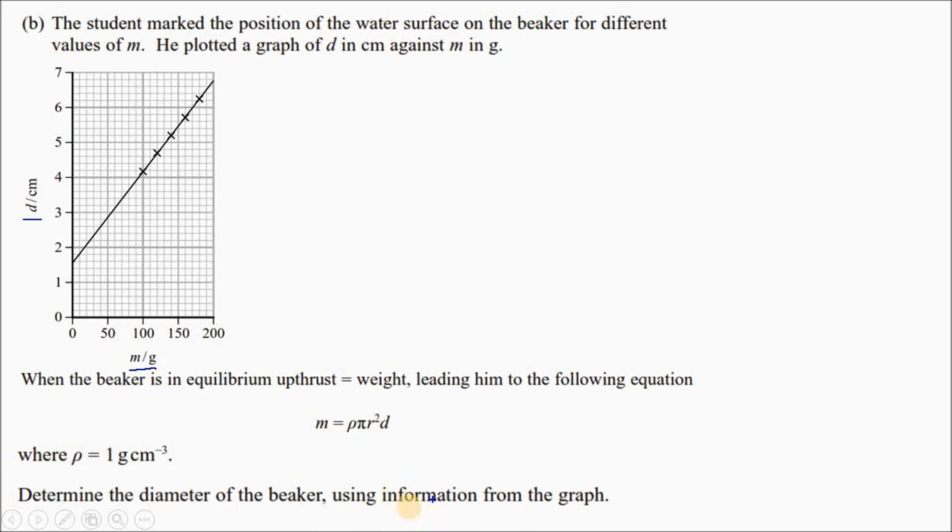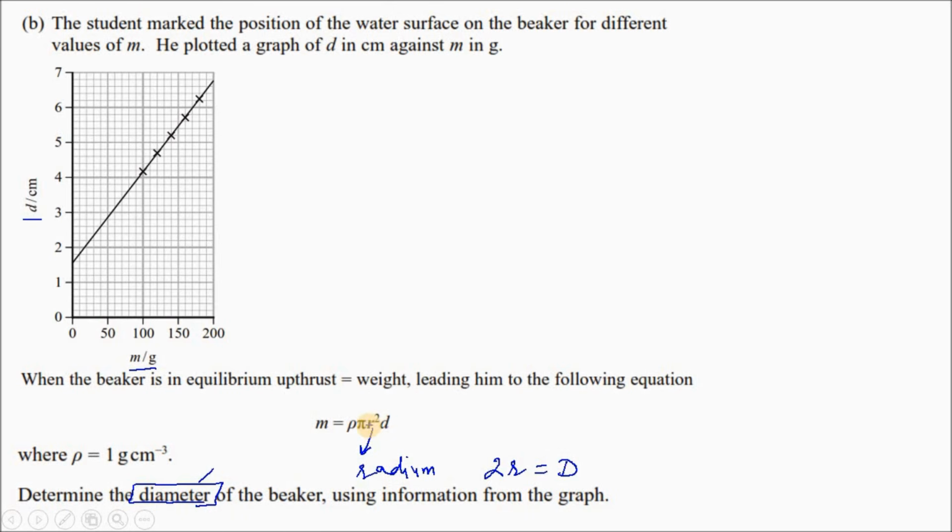See, if you need to find the diameter, that means you look at the equation. M is the mass, d is the depth, where r is the radius. So if you can somehow figure out the value of r, then double of the radius is the diameter. That is your required quantity here, the diameter.